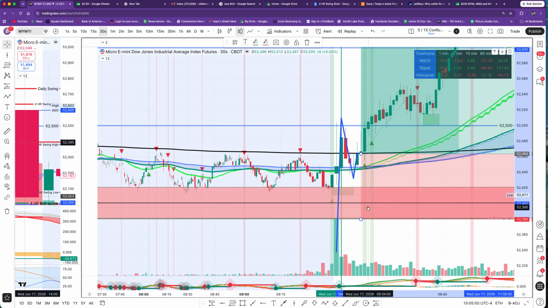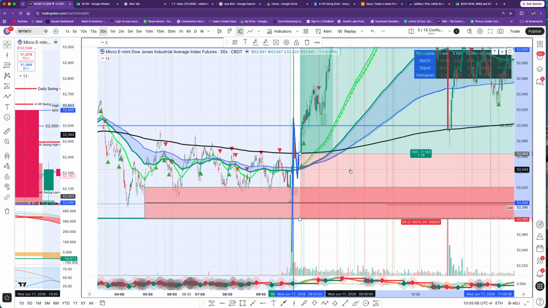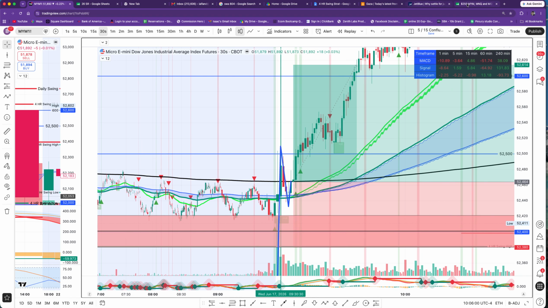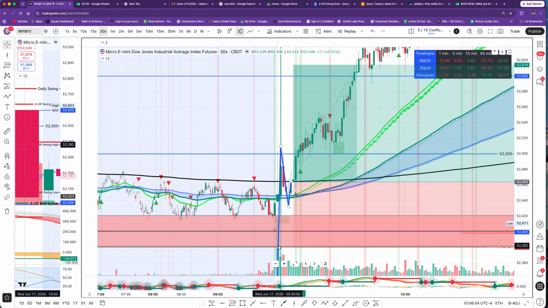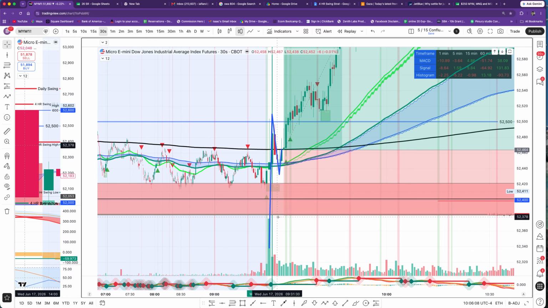Actually, that's the 4-hour swing part. The trading range was here, so it gives us plenty of room. That's about 80 points right there. Yeah, that's about 84. I need 83 points, 83.33. So I've got it. It's my standard stop of 83 points, right?